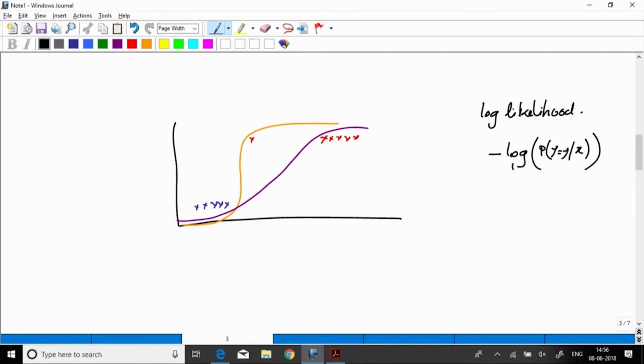Do you remember the previous formulations? It turns out to be the log of some function h of w0 and w transpose x. So if you just minimize this likelihood with the sample, which curve will you get, the orange one or the magenta one, if you just minimize the loss or just maximize the likelihood?